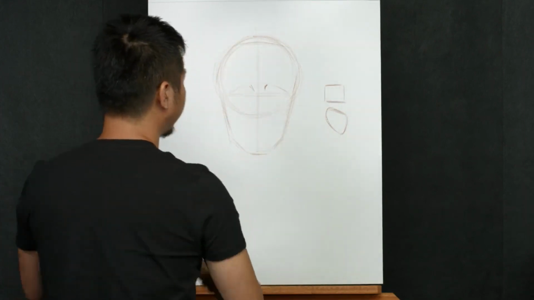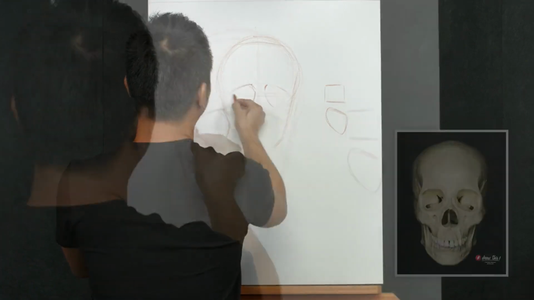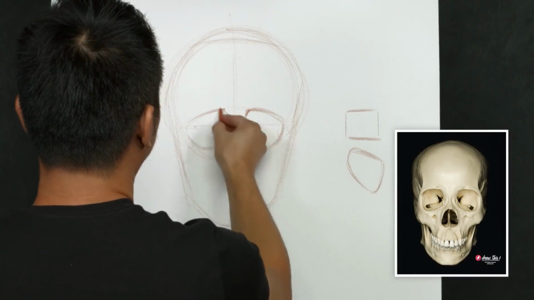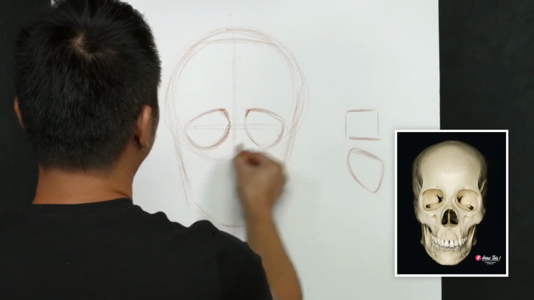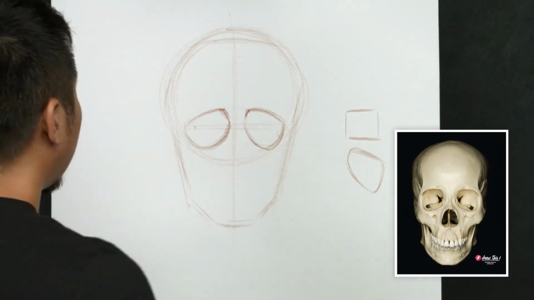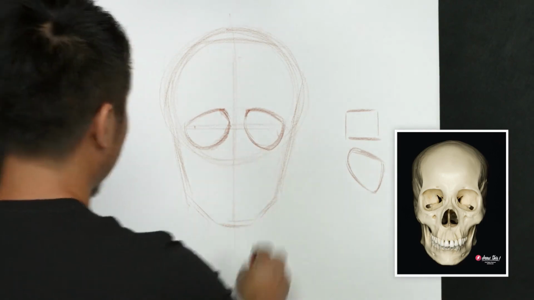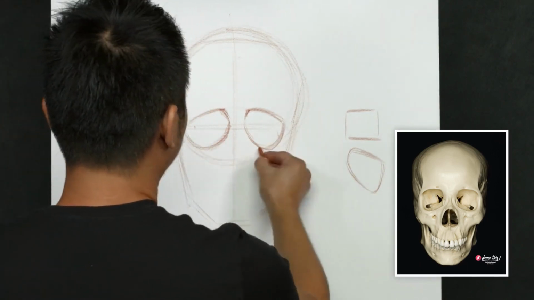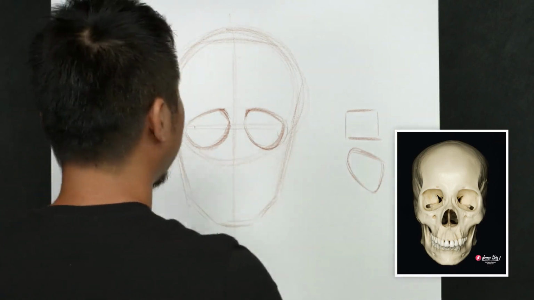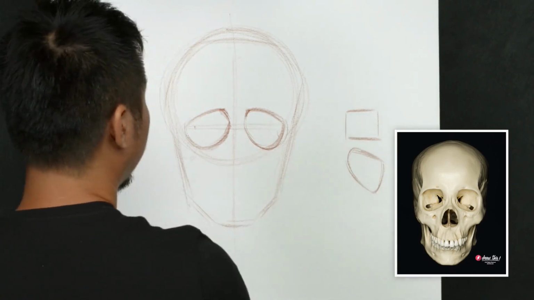It's important to know this tilt because it hits a lot of important landmarks that we need: the corner of the cheekbones, and also the placement of the eyeball happens on that degree right here.